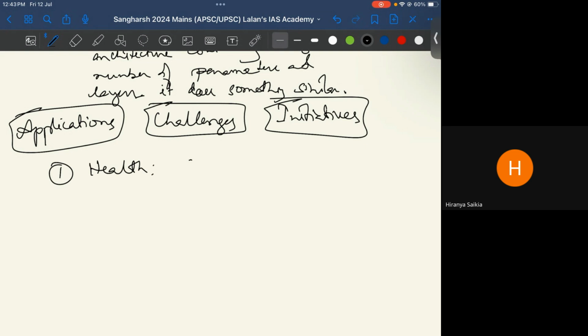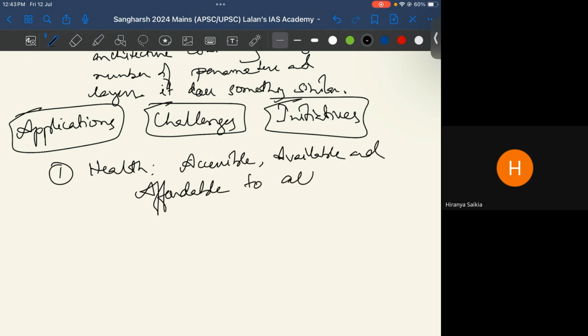The best healthcare is something that is accessible, available, and affordable to all. So when we are talking about the 3 A's of healthcare, AI can go a long way in ensuring that quality healthcare is affordable to all.